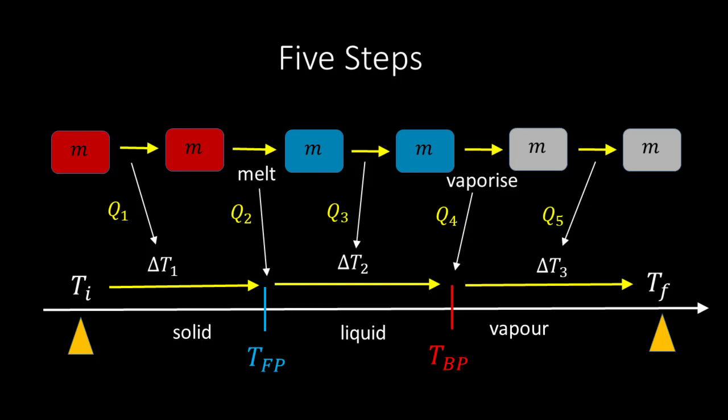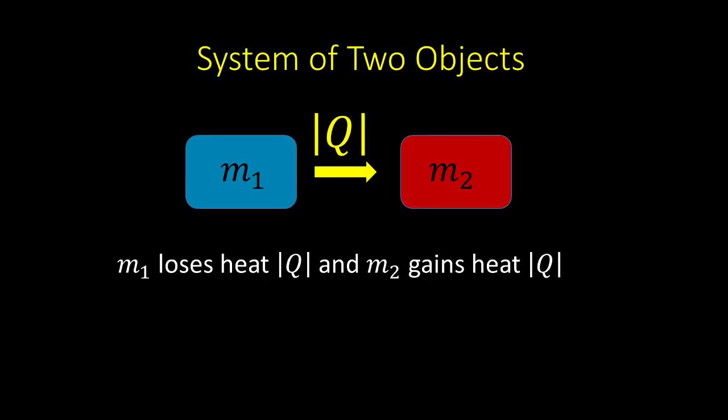We have looked at what can happen to one mass during the process. Now let's look at a system of more than one mass and at how the quantities of heat are used for calculations. Let's start with a simple system of 2 objects, 1 and 2, with masses m1 and m2, and a simple one-step process in which the objects exchange heat such that m1 loses a positive amount Q, which is transferred to m2.